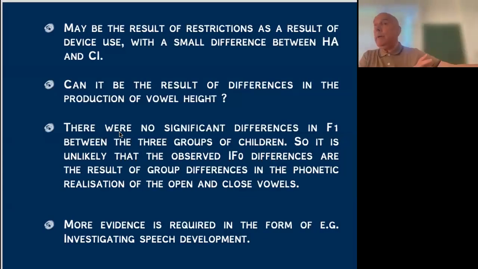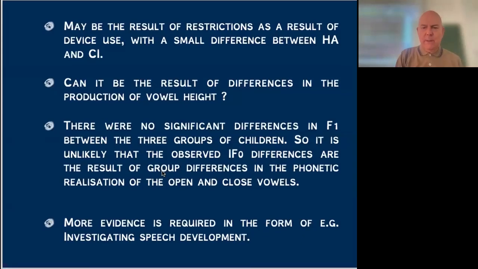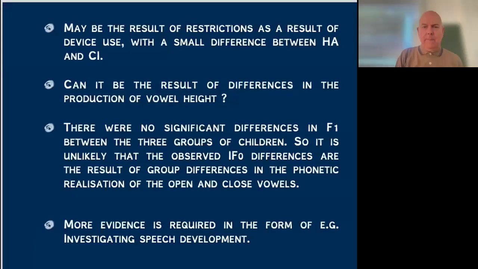The paper we published elsewhere did notice that there were significant differences on the F2 scale between the groups, but these are not supposed to contribute really to IF0 differences. So yeah, I think we can probably safely rule out that interpretation.